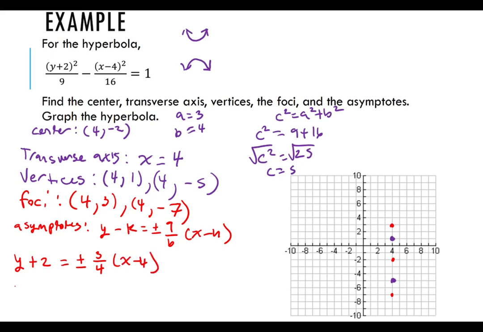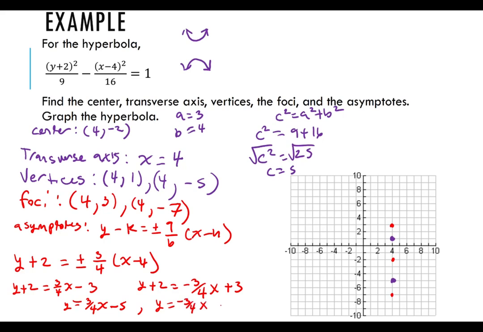And so two equations, y plus 2 is equal to 3/4 x minus 3. And then the other one is y plus 2 is equal to negative 3/4 x plus 3. And so you could add 2 to both sides or subtract 2 from both sides if you wanted. That would be y is equal to 3/4 x minus 5, and y is equal to negative 3/4 x plus 1.